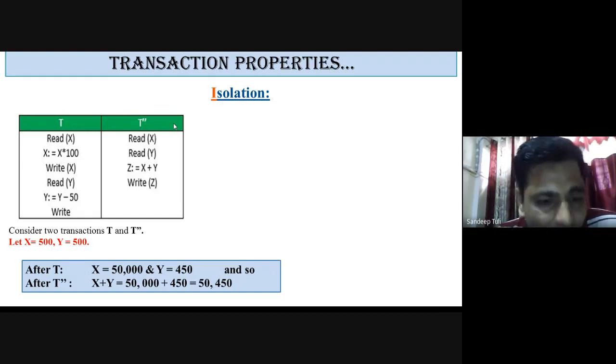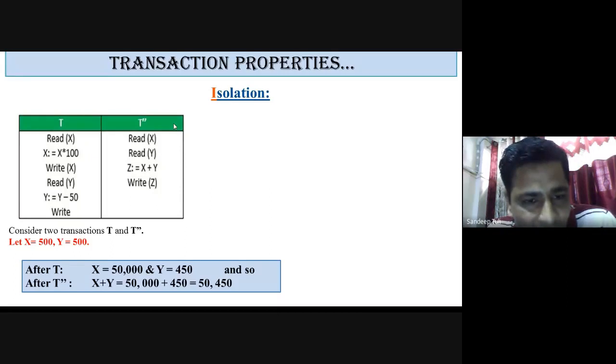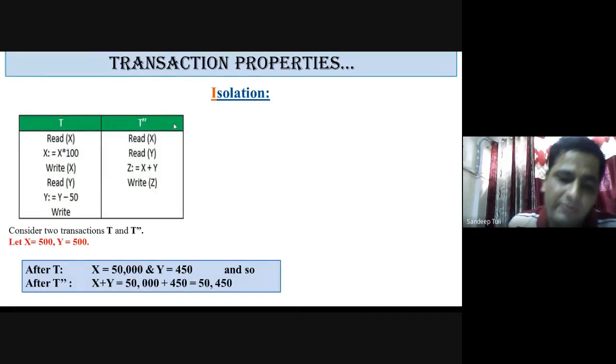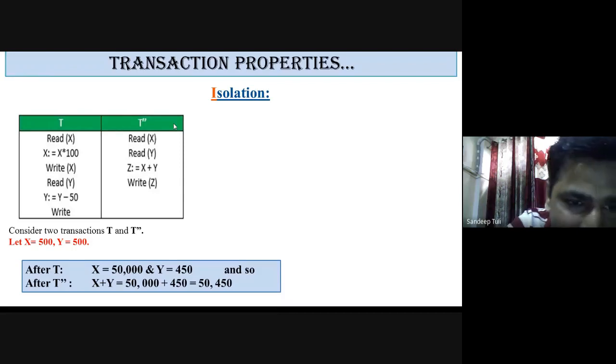Suppose after that T double dash starts executing, and then the value of X plus Y will be 50,000 plus 450, which is 50,450 rupees. Is it okay? It is the case when transaction T executes first and T double dash executes after the commit of transaction T. Is it clear?